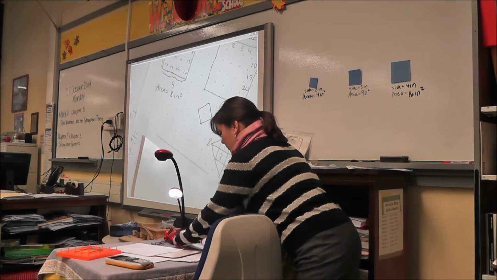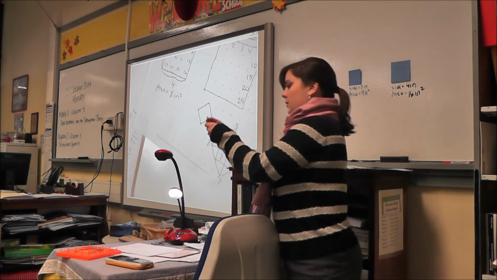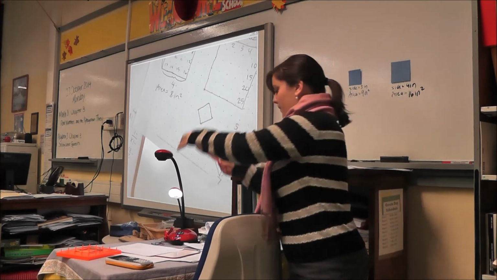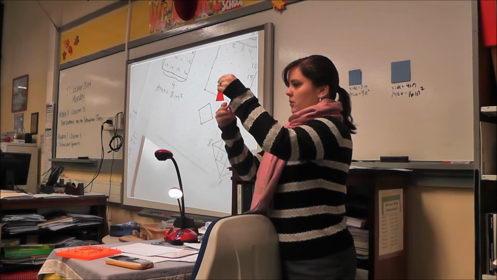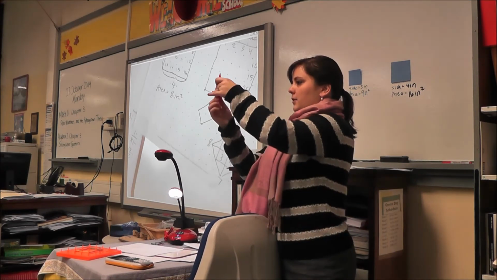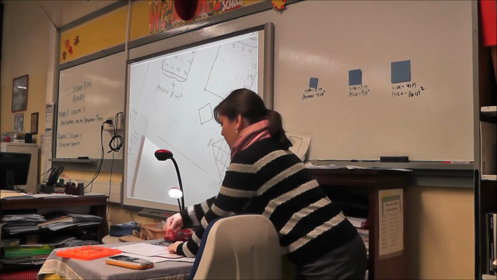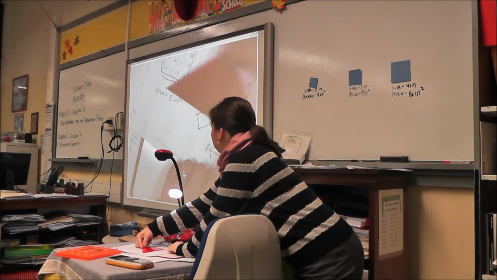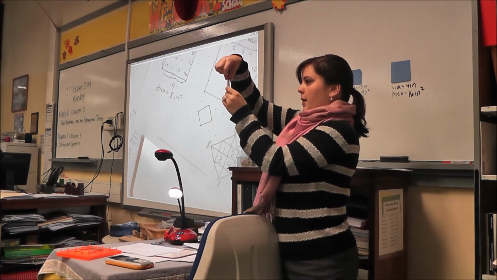These are 4 whole, and then here we have a regular square, but here it's broken up like this, like a diamond. Do you see that these ones right here are like this? But they create a whole square.